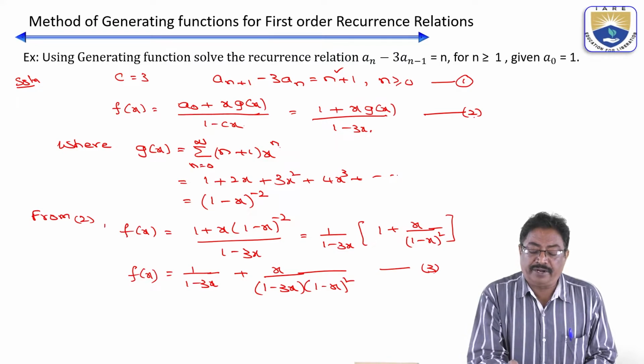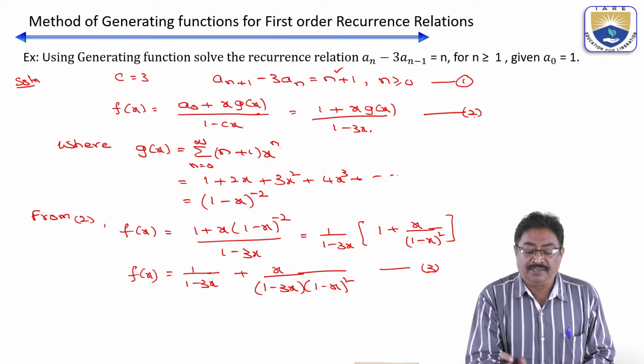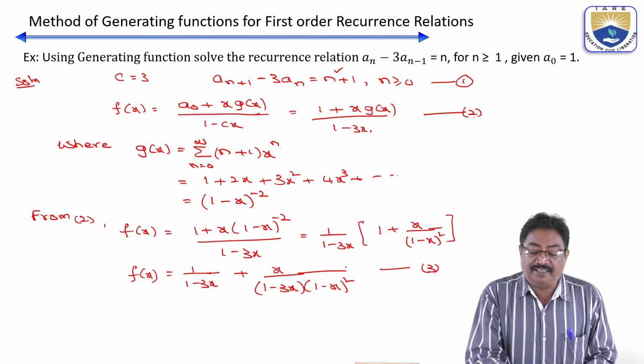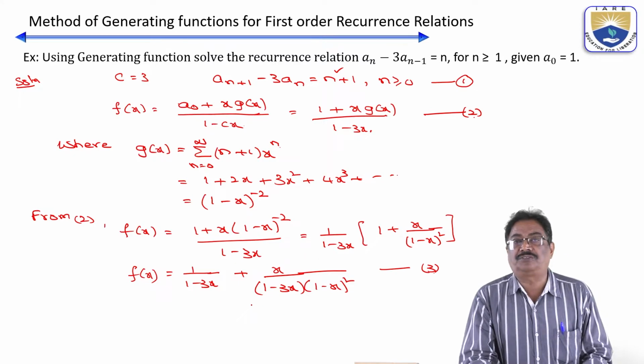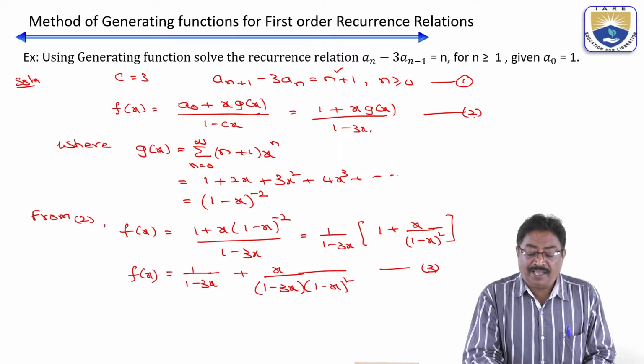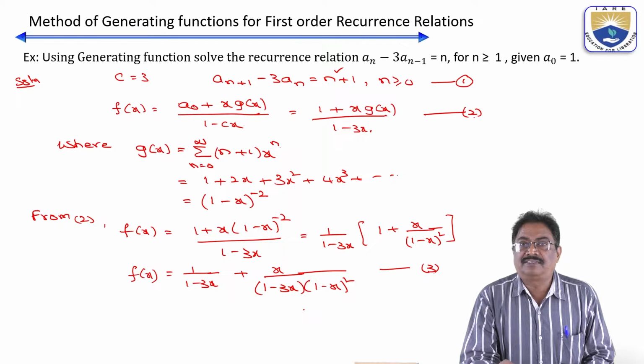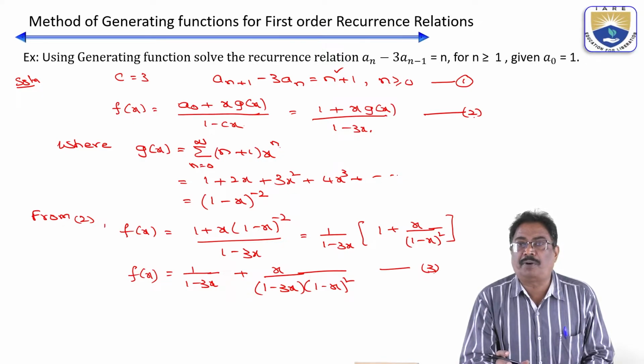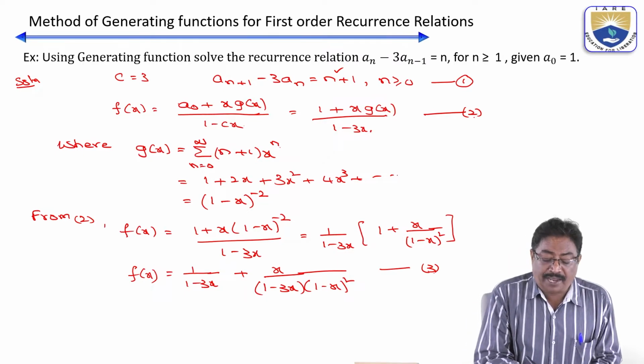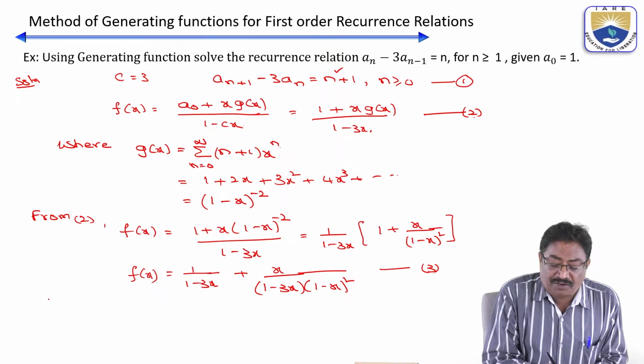Now I am going to find out the solution for this. For that, we are going to split this by using partial fractions, because I need to calculate what is a n. So for that, I require writing the whole thing in the form of 1 minus x to the power of minus n. So I am going to write this by using partial fractions.